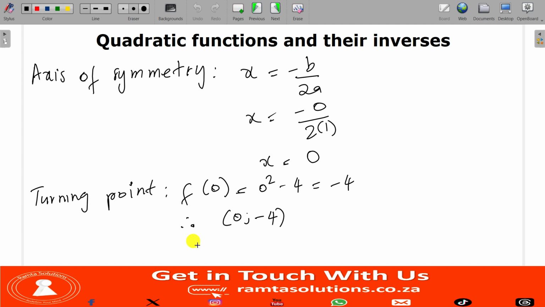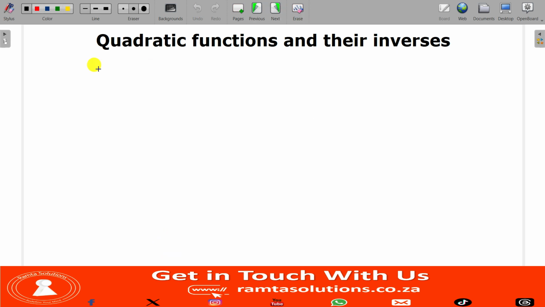All right. The domain will be x is an element of real numbers. It's always like that. The range, remember what I said. As you can see here, a is positive, meaning we expect a graph that's smiling.